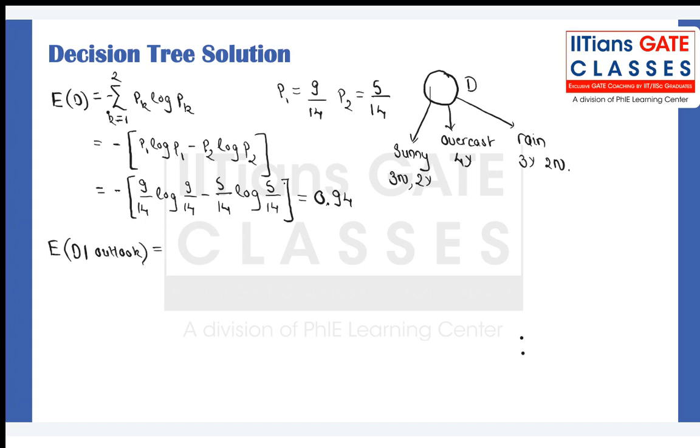This is nothing but a weighted average. The weights will be the proportions of the individual values. So how many values are there of sunny?